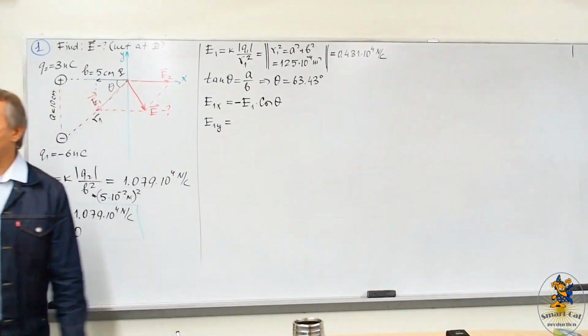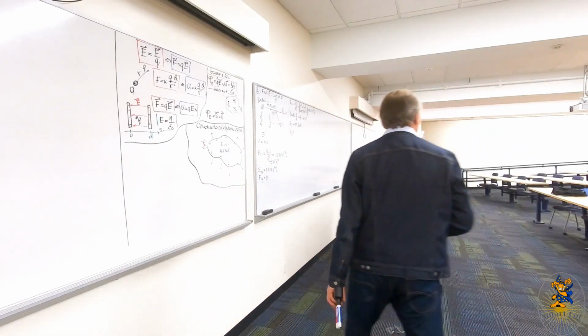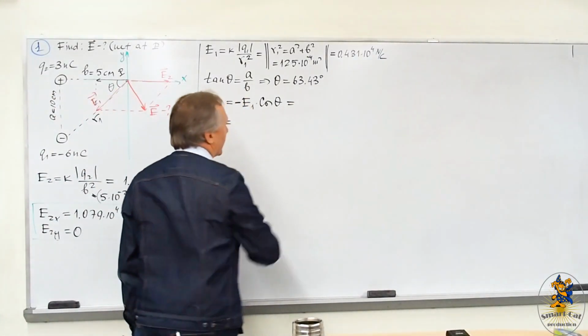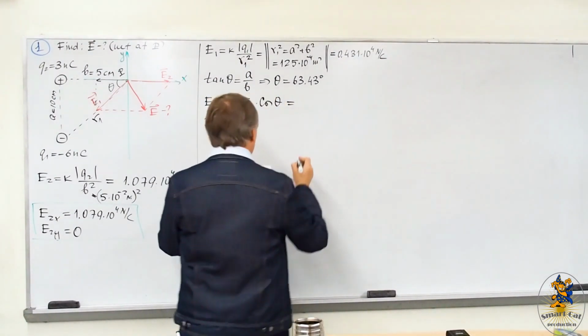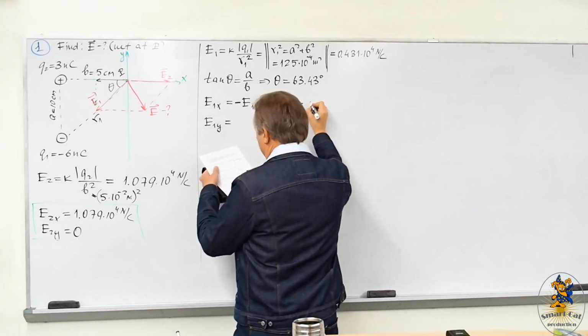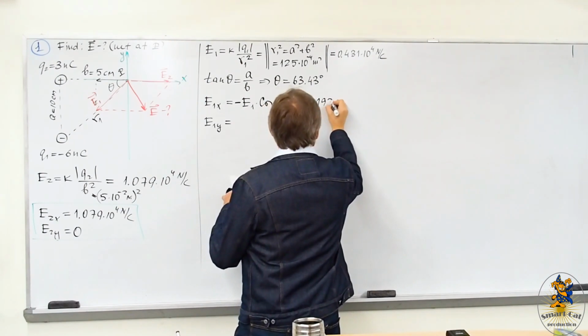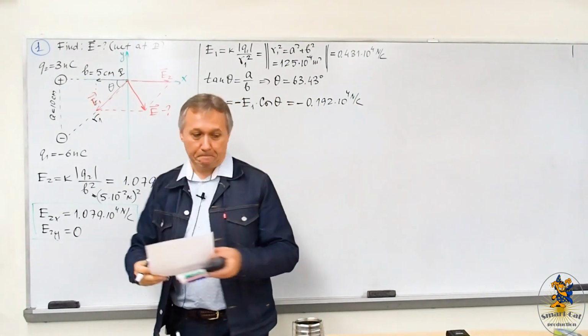That was one of the major points in the first recitation class. At least in my recitation classes, I bugged them properly. So, of course, you can plug all the numbers and calculate. I will skip that, and I will write the answer: minus 0.192 times 10 to the power of 4 newtons per coulomb.